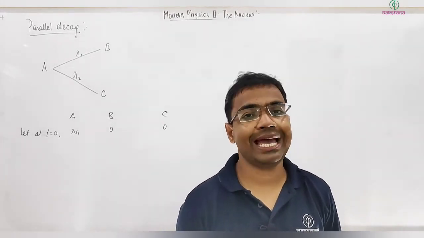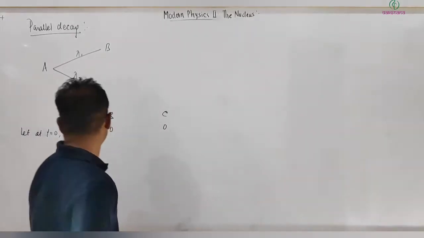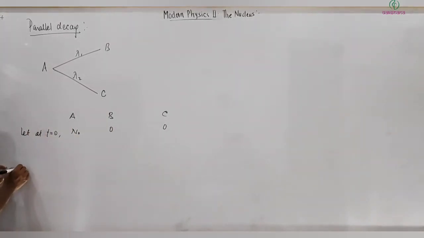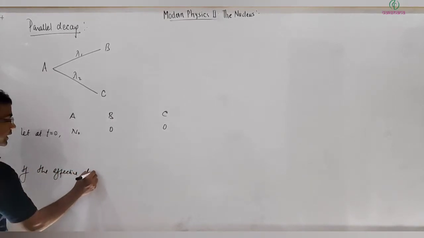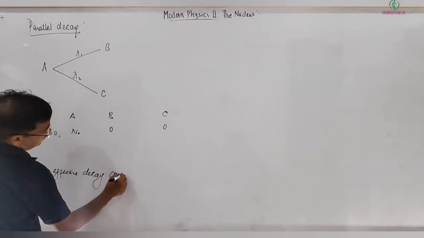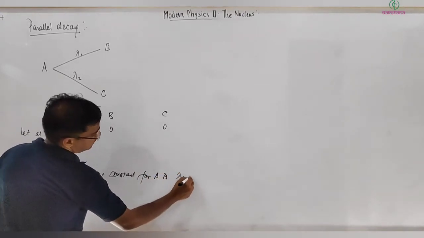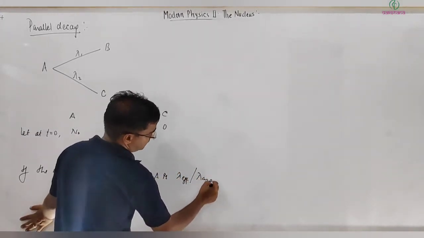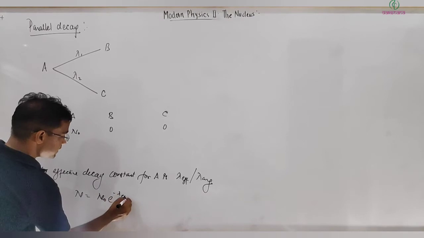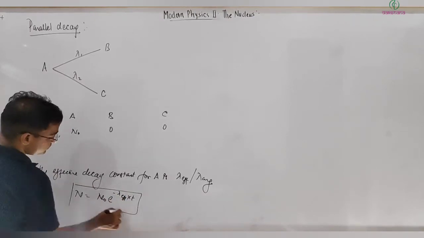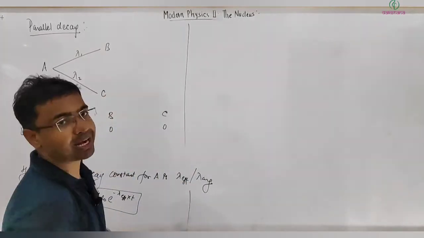If the effective decay constant for A is lambda effective, or we also write lambda average, then for A I can write N is equal to N naught e raised to power minus lambda effective multiplied by T. So I need to get lambda effective or lambda average for this parallel decay process.